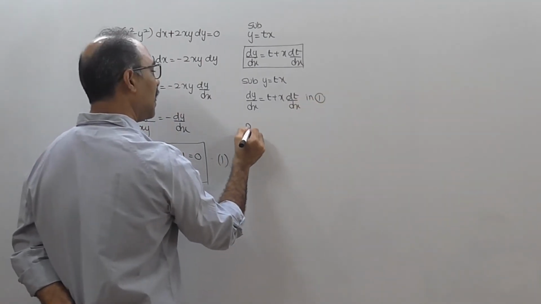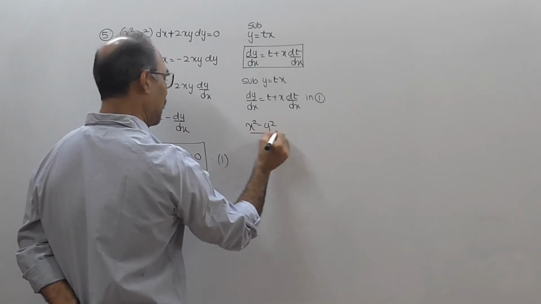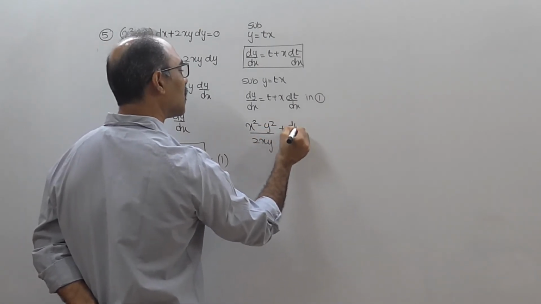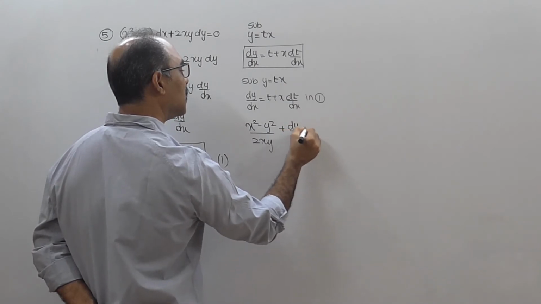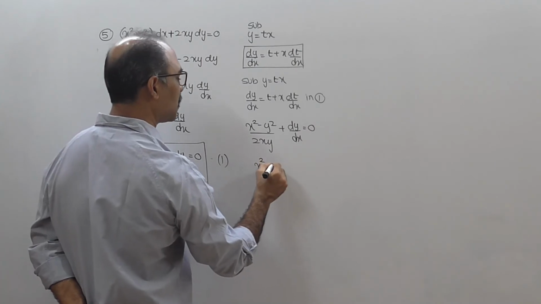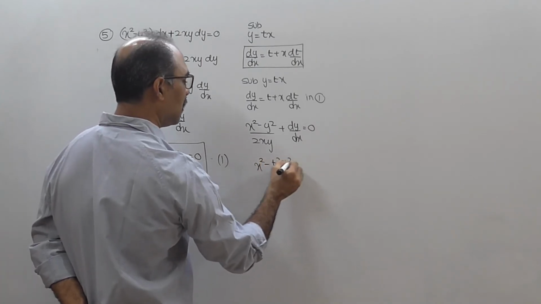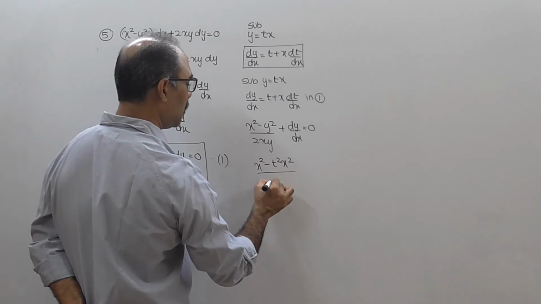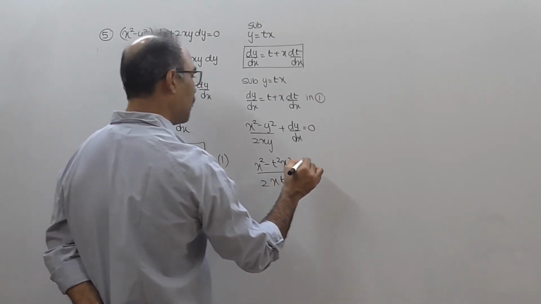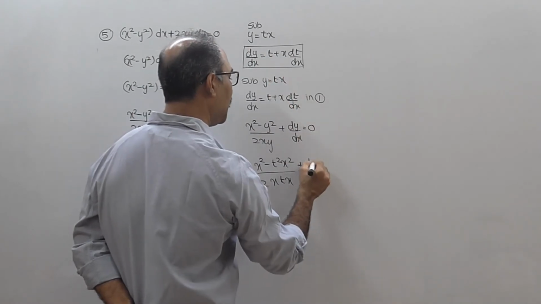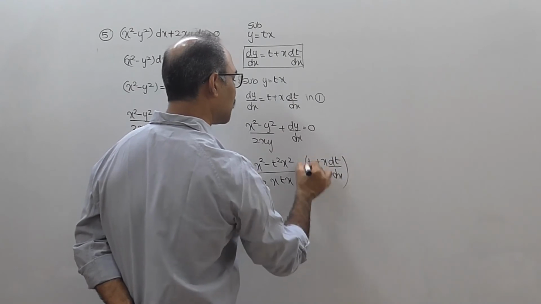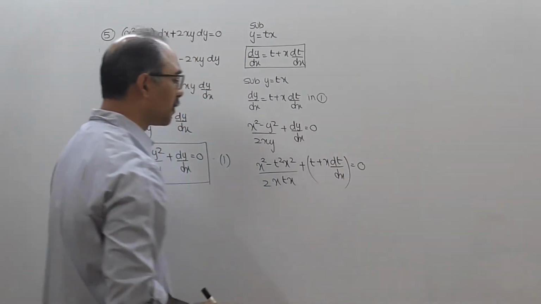So x square minus y square upon 2xy plus dy by dx equal to 0. So x square, y, what is y? t square x square, 2x, y will become tx, dy by dx, I hope we have it here, t plus x dt by dx, and that is equal to 0.